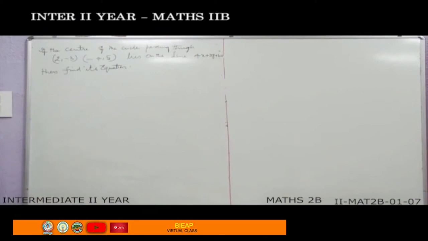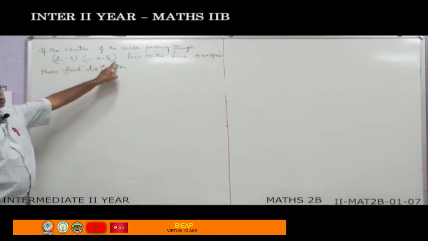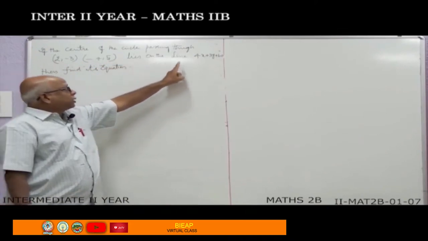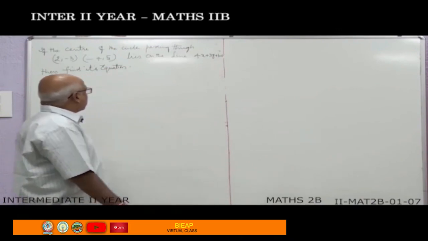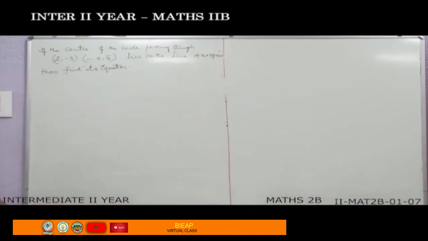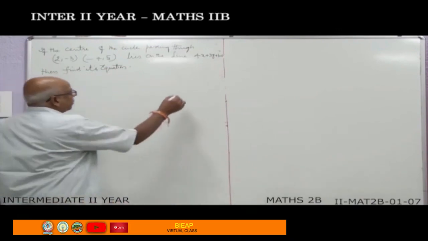The center of the circle passing through (2, -3) and (-4, 5) lies on the line 4x plus 3y plus 1 equal to 0. Then find its equation. That is the problem.